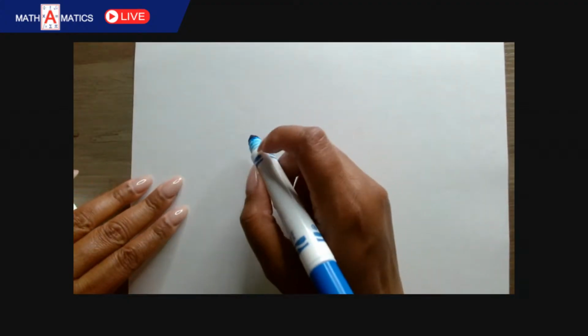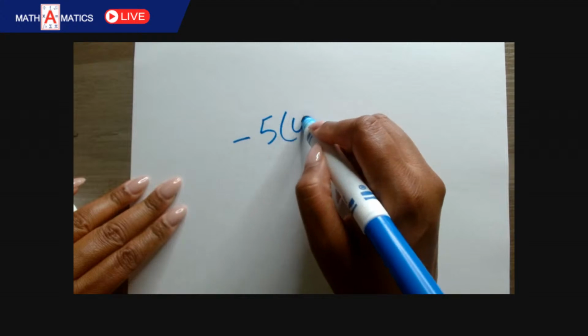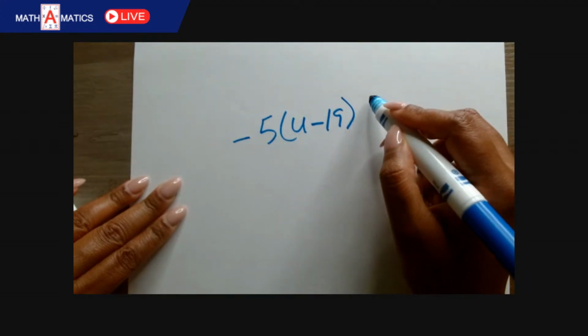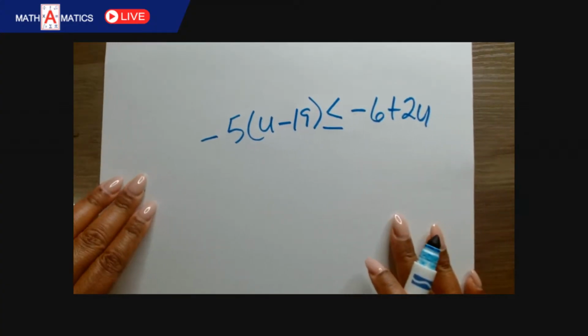So let's just do this. Negative 5u minus 19 is greater than or less than negative 6 plus 2u.